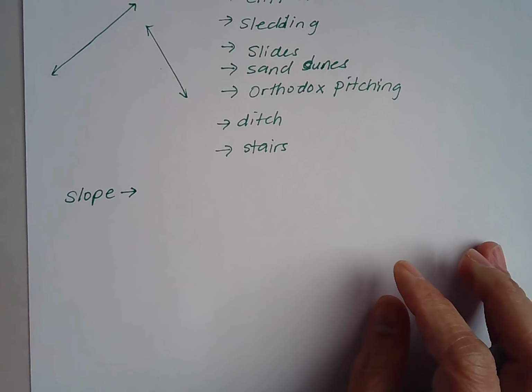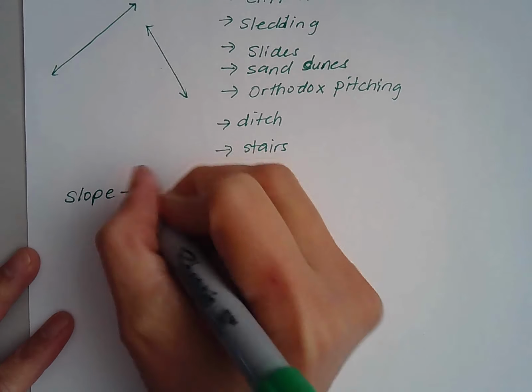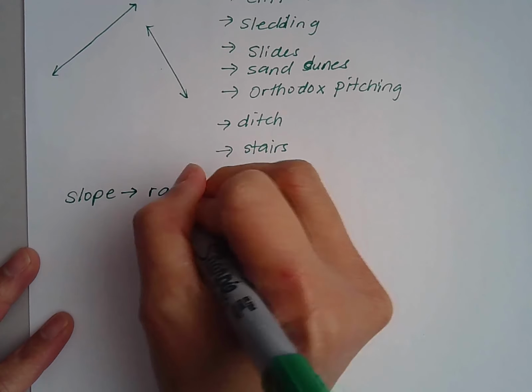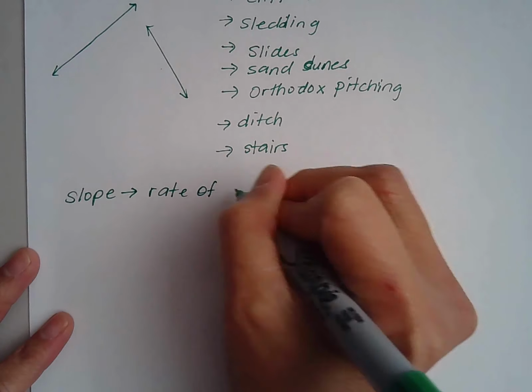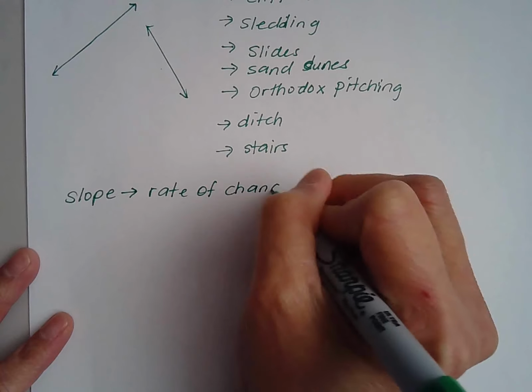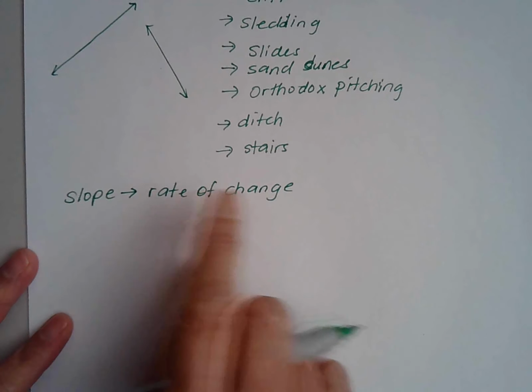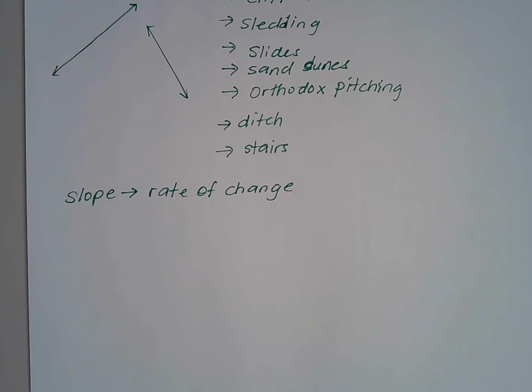Now, slope in math is a rate of change. Who's heard of rate of change before? You use it in chemistry? How do you use it in chemistry?